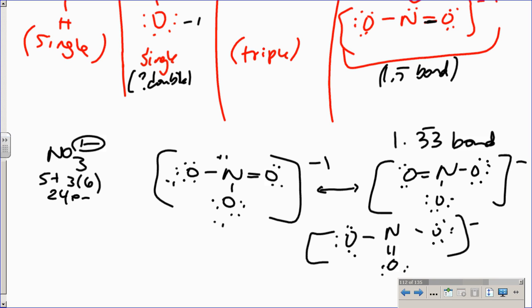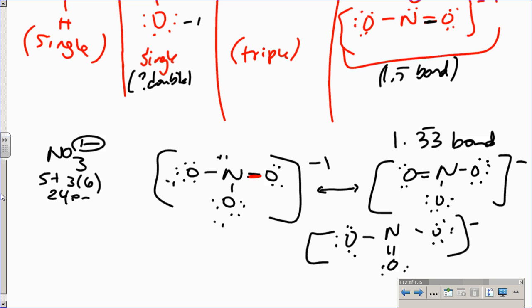Okay, because we took the bond that was delocalized, we put it in 3 different locations, so we broke it up into 3 spots. But essentially, is this bond closer to a double bond or closer to a single bond in strength and length? Single bond.